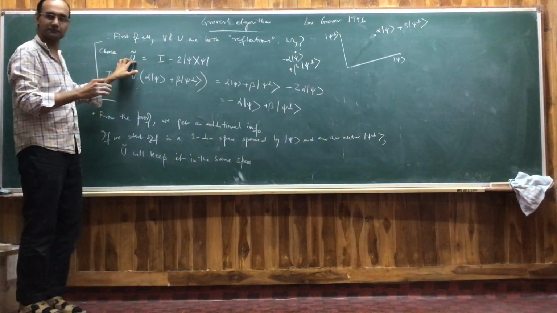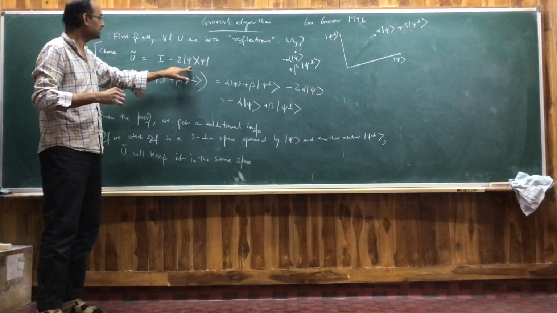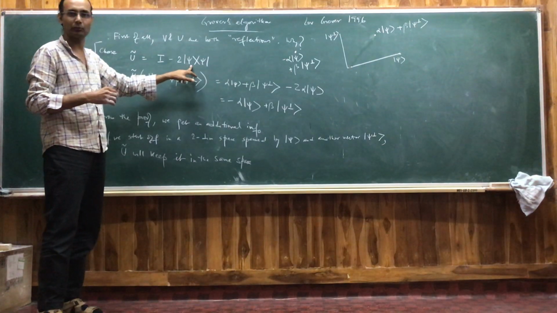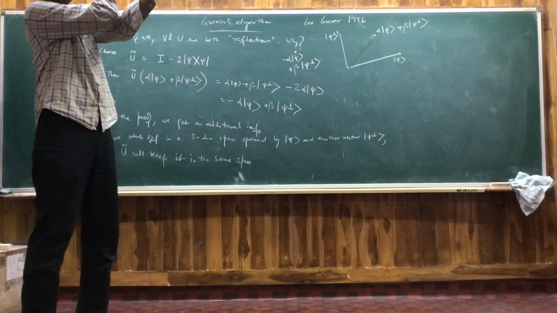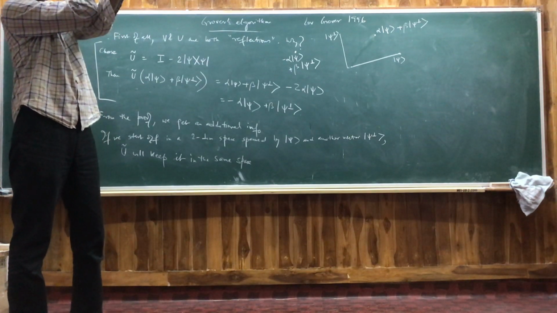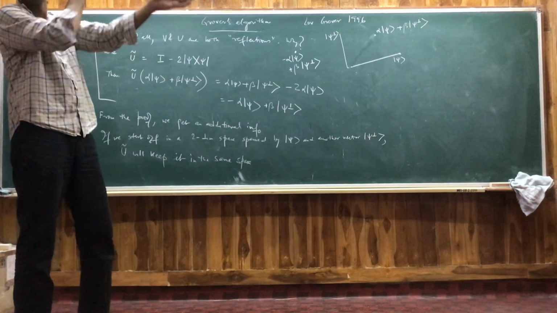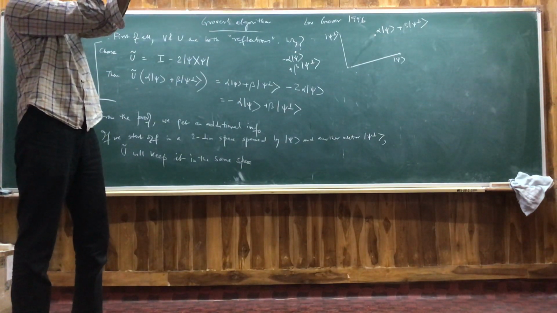But the property is that the unitary is defined via identity minus twice the projection of a vector. You choose whatever vector orthogonal to it, and then you begin in this plane, any vector on this plane.